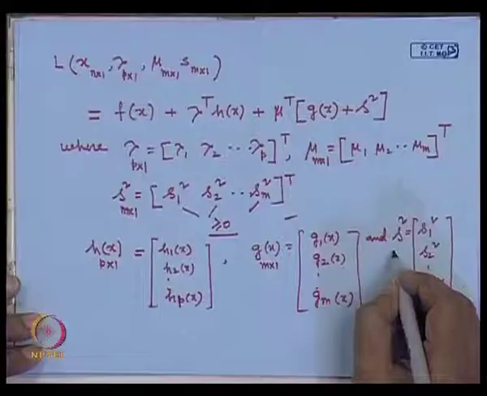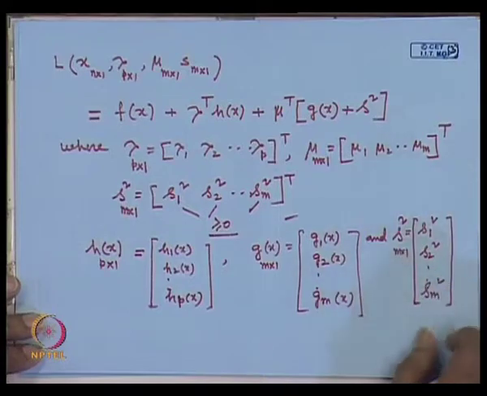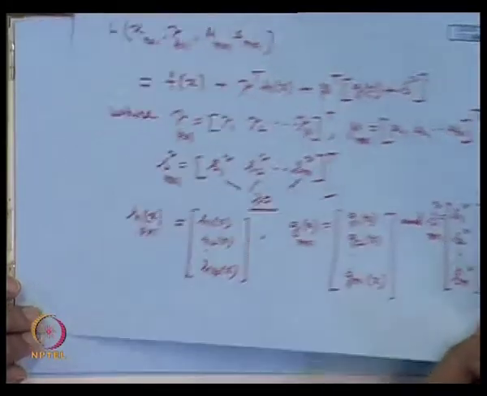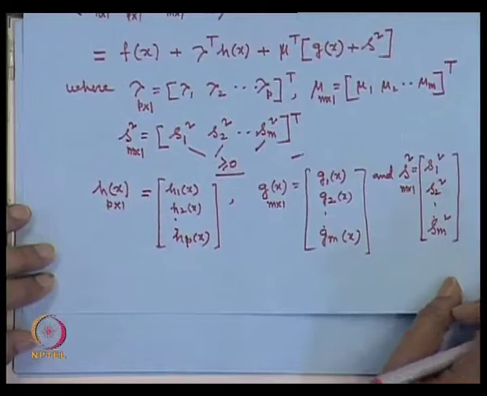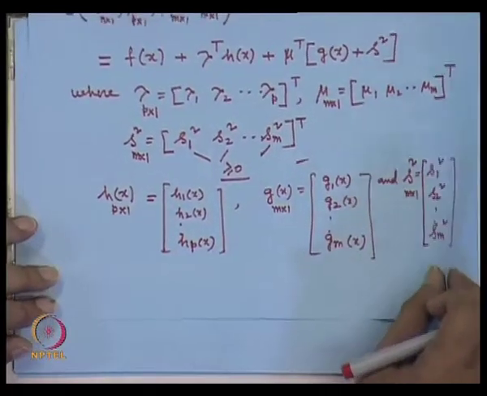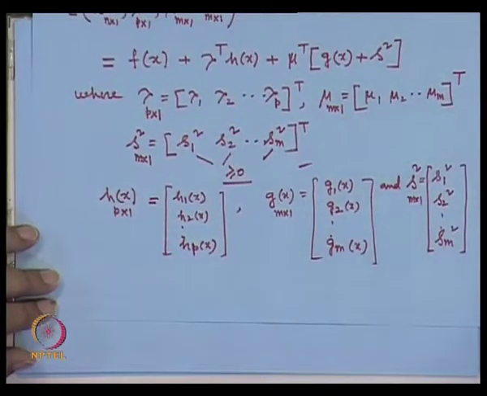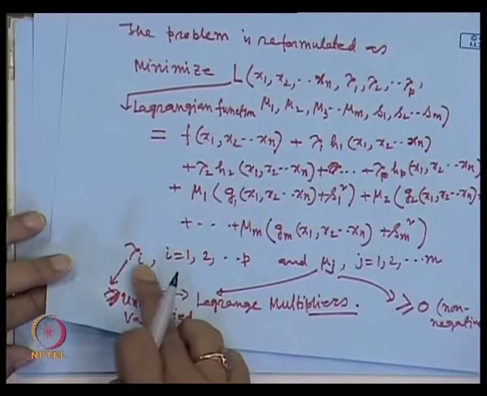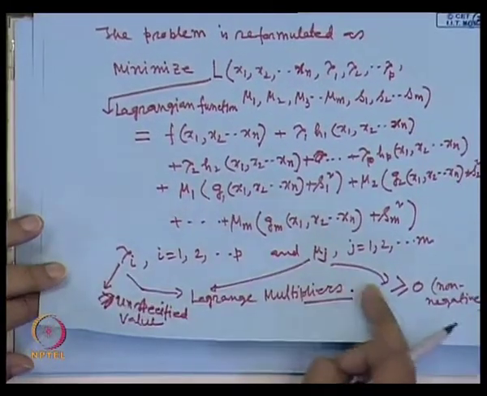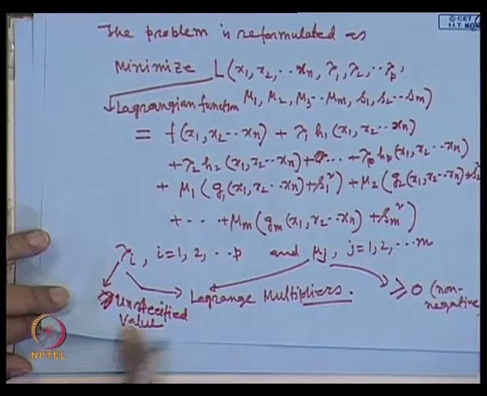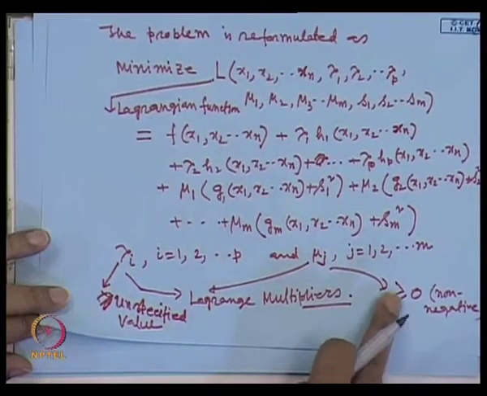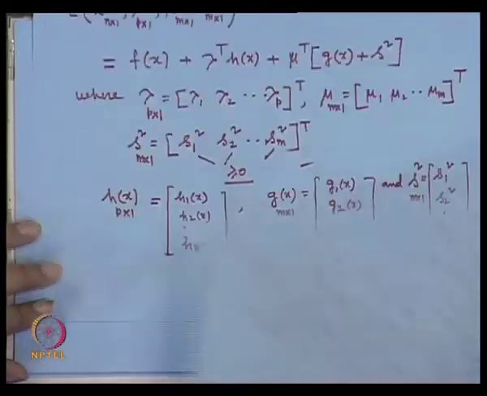So, that inequality constraint is converted into an equality constraint. So, this dimension is also m cross 1. Keeping all these things in mind, that is our mu, we have just mentioned it here. Lambda and mu are the Lagrange multipliers, and these are unspecified, and these values are non-negative, as we have specified.